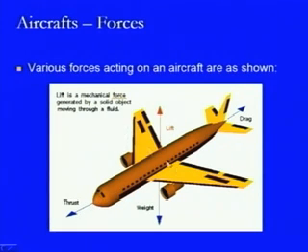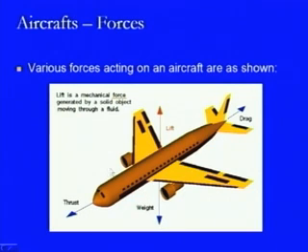Then there is another axis which goes along the wings, that is the y axis, and there is a third axis which goes perpendicular to these two axes, x and y, in this direction, and this is termed the z axis.